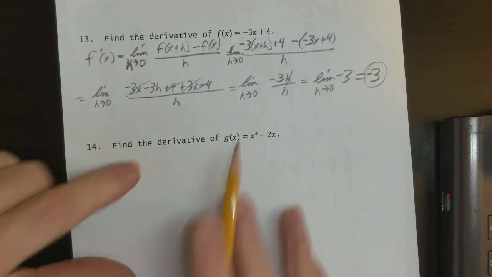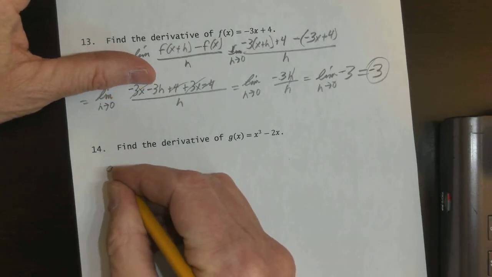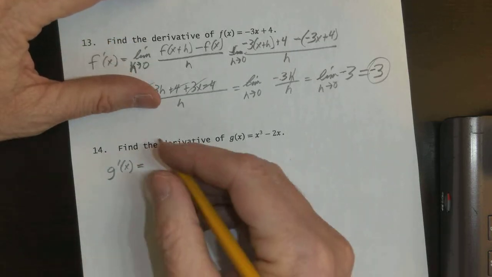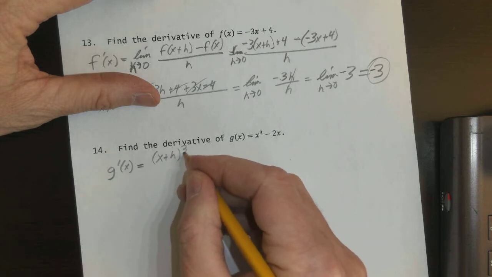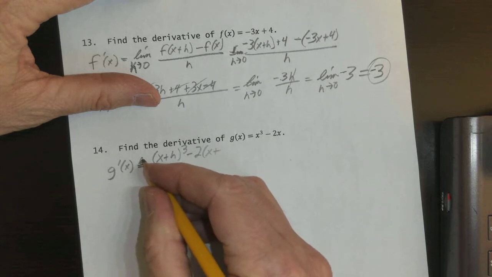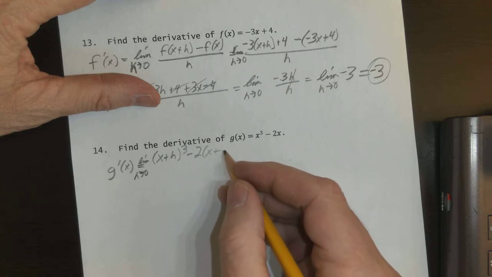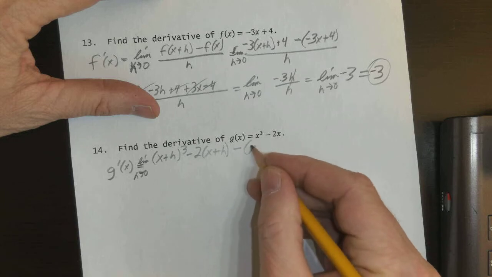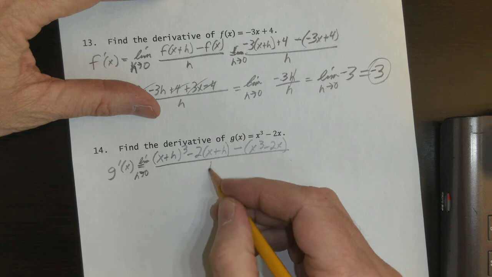All right. Find the derivative of g of x equals x cubed minus 2x. g prime of x is the limit as h approaches 0 of x plus h cubed minus 2 times x plus h minus x cubed minus 2x over h.